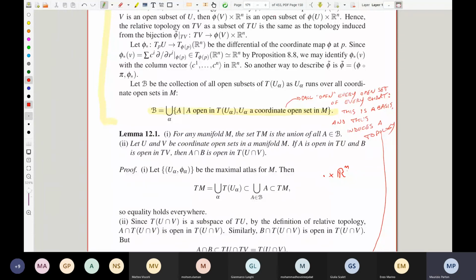In order to have an open set, you need an open set times Rn. Okay. Well, the definition is here of the tangent bundle. The tangent bundle is the union of all these tangent spaces made a differentiable manifold in this way with this atlas.